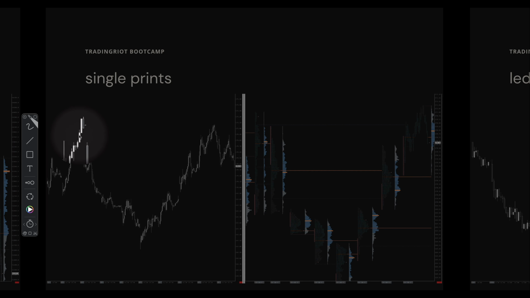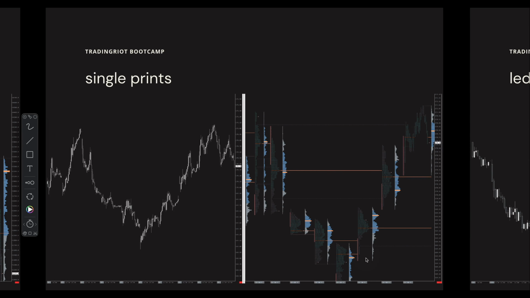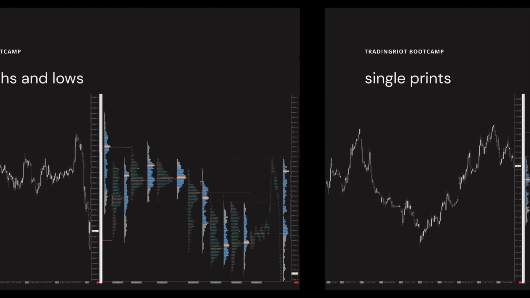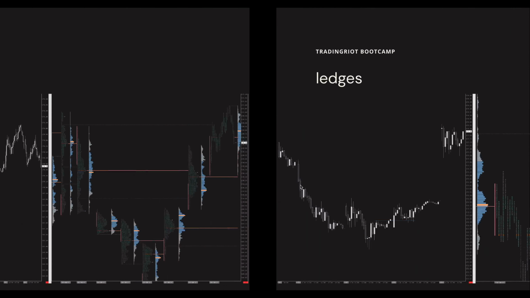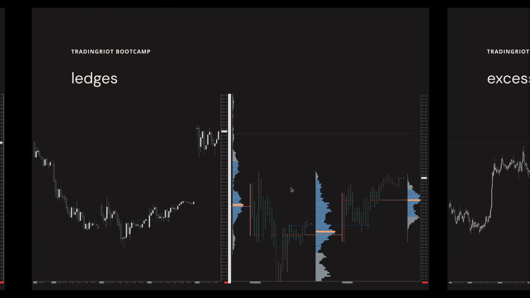But also during this candle right here, there are a little bit of singles which are represented here on the profile, and you can see the market hits them, pulls back from them. So once again, these are just inefficient prices. Let me just check if, yeah, I will show you some more clean examples later on.